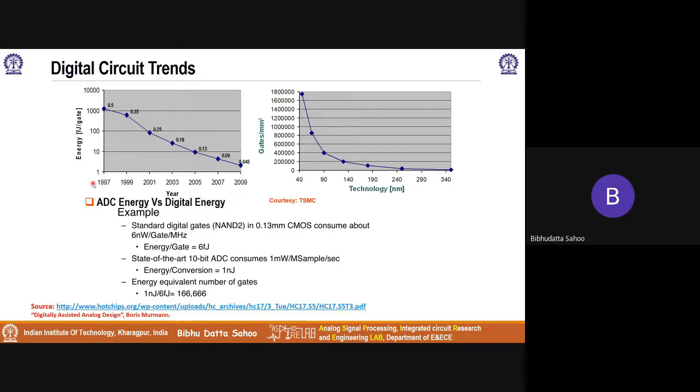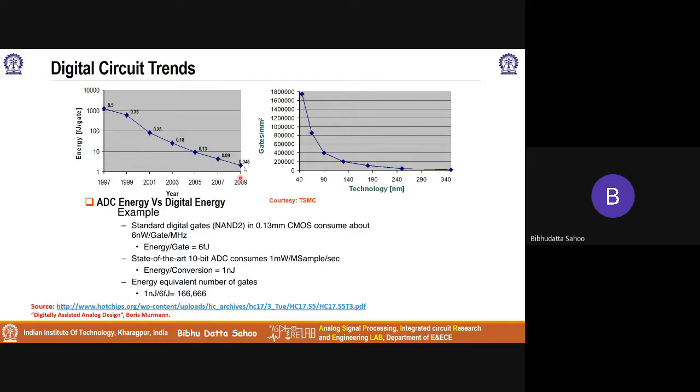Because if you see energy in femtojoule per gate, the logic gate power drops with technology scaling. Okay, it drops significantly by 1, 2, and 3 orders of magnitude. This energy drops, and the number of gates that can be packed also increases significantly.